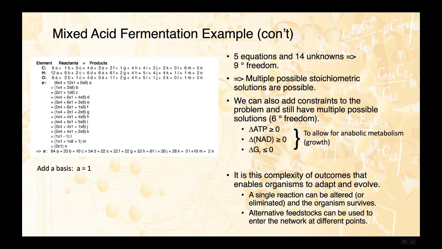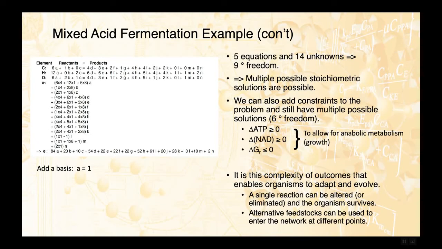There's a lot of ways, and multiple other things like succinate. There's no single stoichiometry for this metabolic network. There are multiples that satisfy the balance equations, where I don't have to create or destroy atoms or electrons. Now, that means it's not a complete solution. It also means I can add constraints onto the possible solutions.